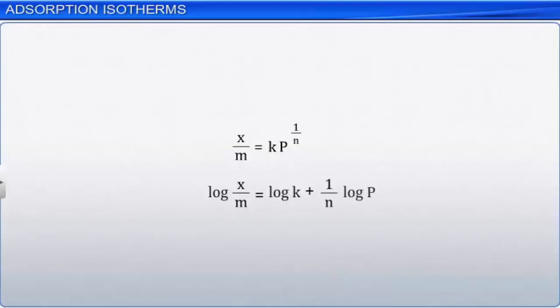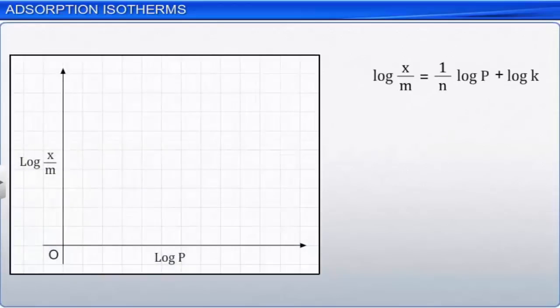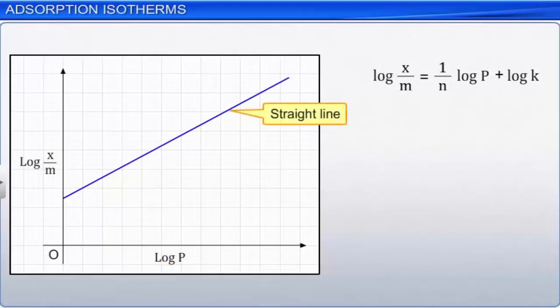This equation corresponds to the equation of a straight line y equal to mx plus c. So, we plot a graph between log x by m and log p. If it is a straight line, then we say that the Freundlich adsorption isotherm is valid. Otherwise not.